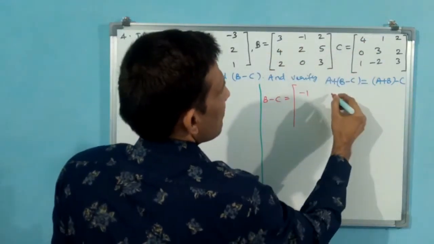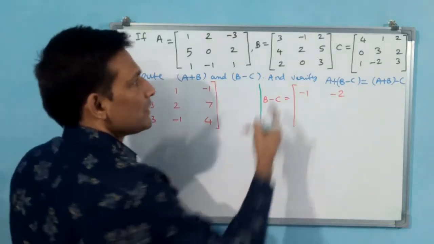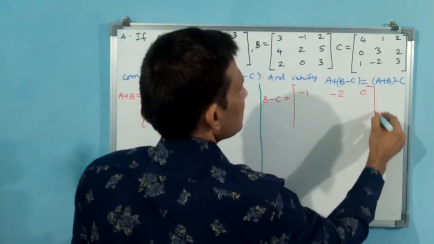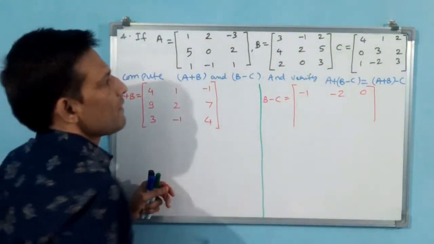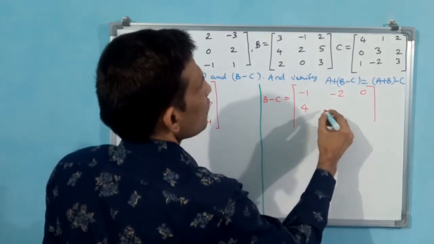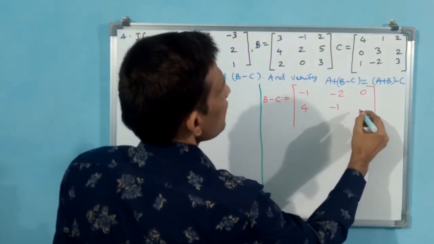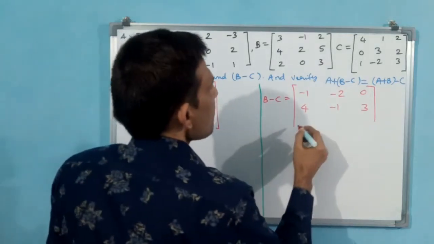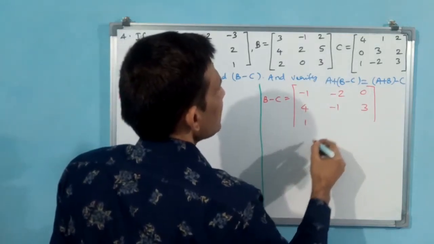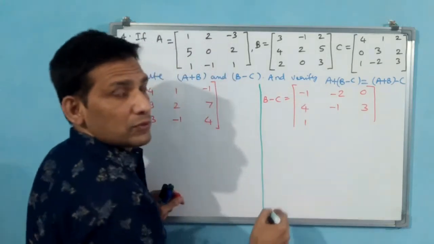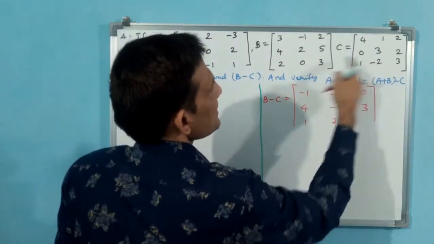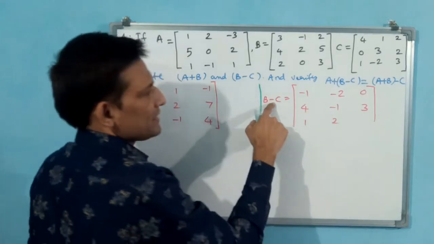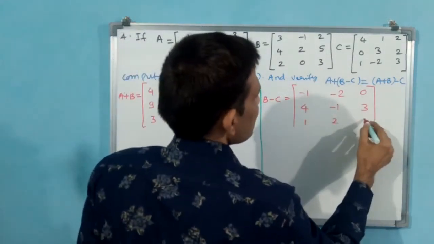Minus 1 minus 1, minus 2. 2 minus 2, 0. 4 minus 0, 4. 2 minus 3, minus 1. 5 minus 2, 3. 2 minus 1, 1. 0 minus of minus 2, plus 2, because here minus is there. 3 minus 3, 0.